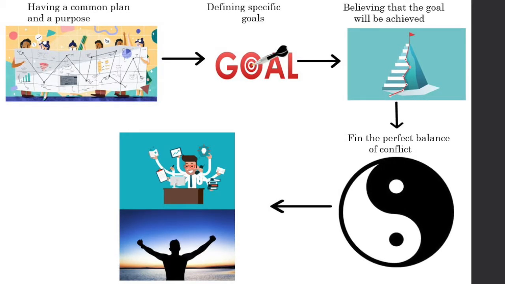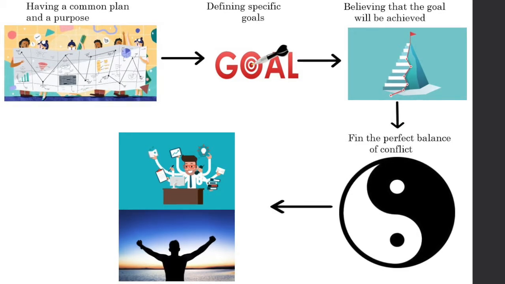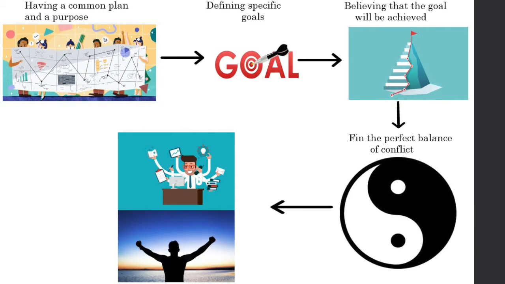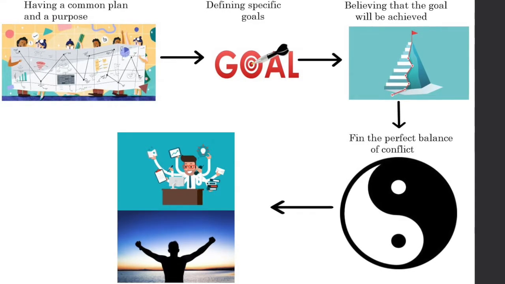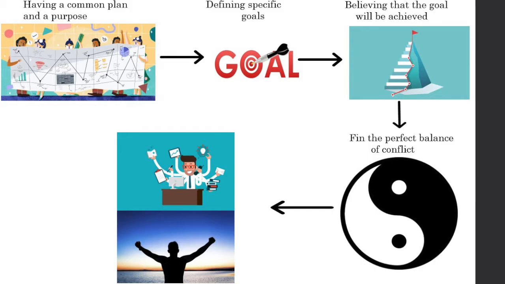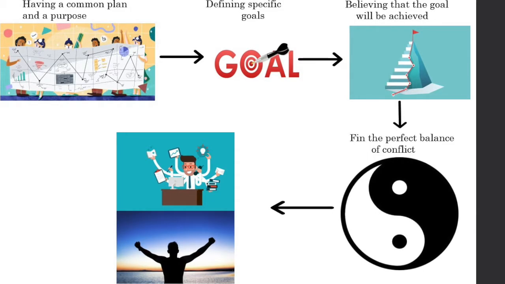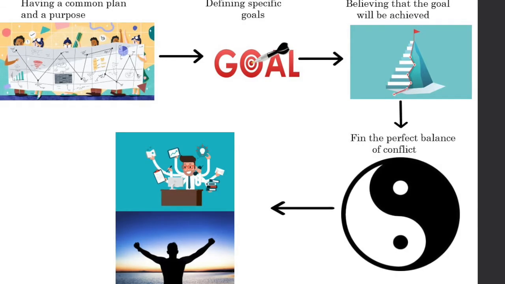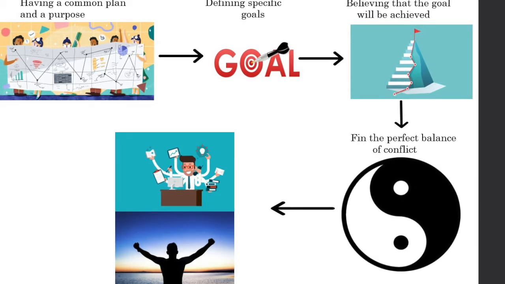Secondly, it is defining specific goals. Specific goals favor good communication and also maintain the focus on getting the result that the group wishes or needs. There is an important point for the motivation, which is believing that the goal will be achieved.